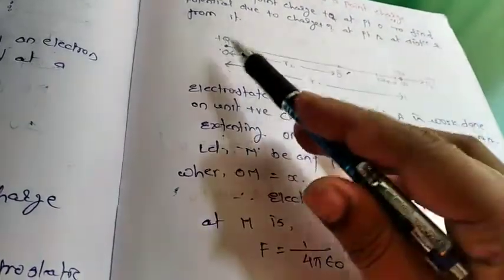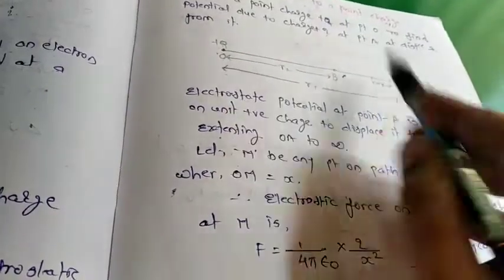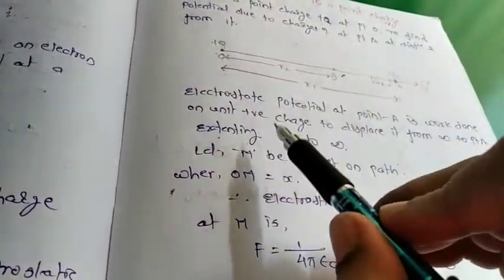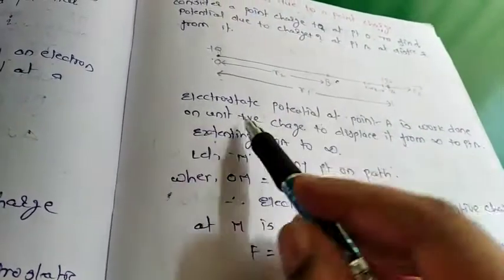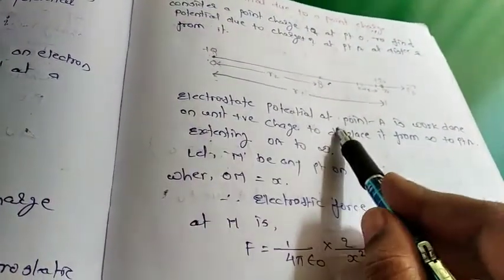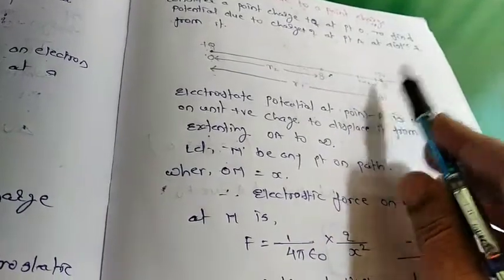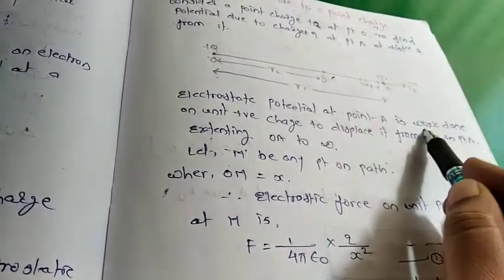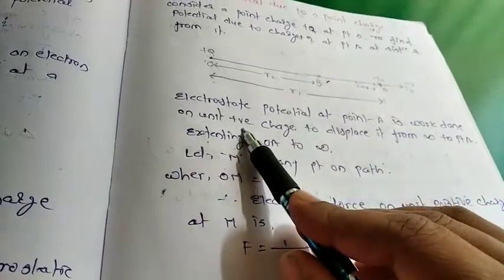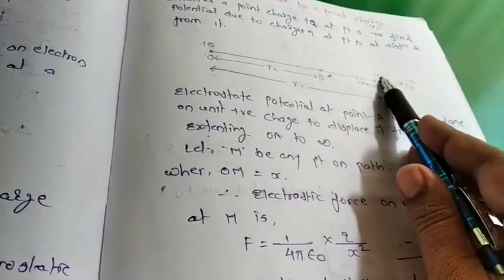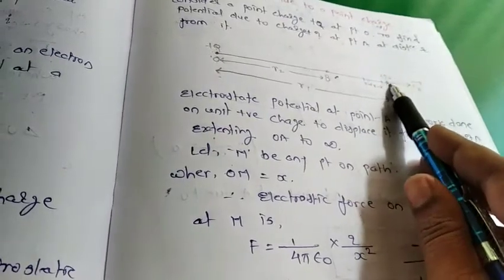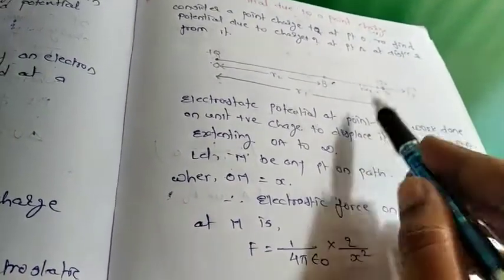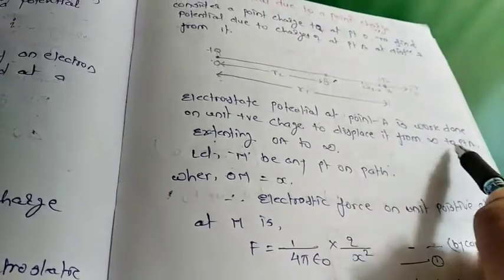So we can extend this point O to A to infinity. That is, we consider the OA distance as infinity. That's why it is written electrostatic potential at point A. The potential at this point is nothing but the work done on a unit positive charge to displace it from infinity to point A.